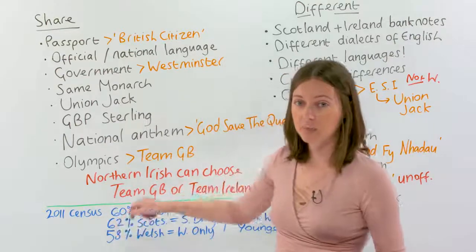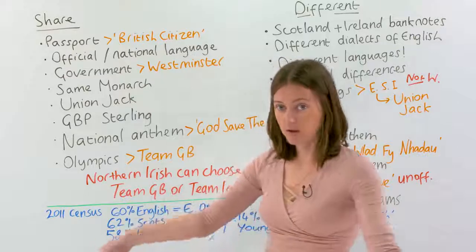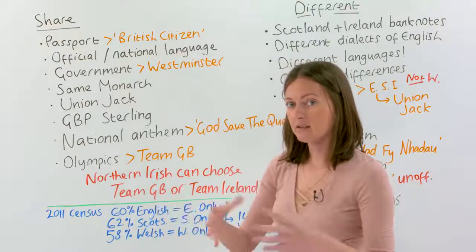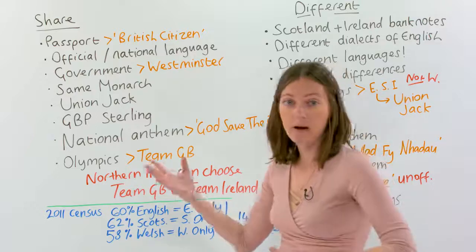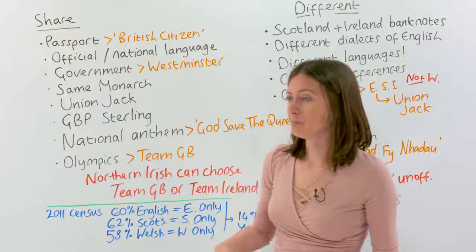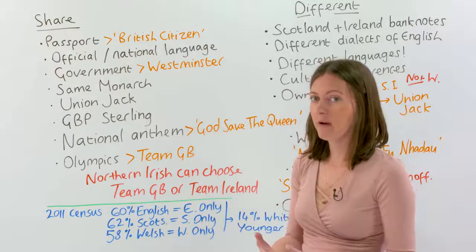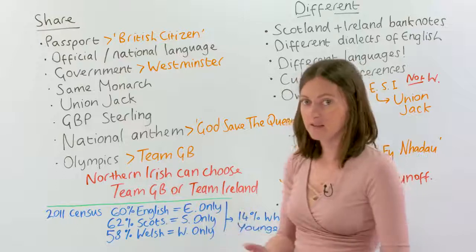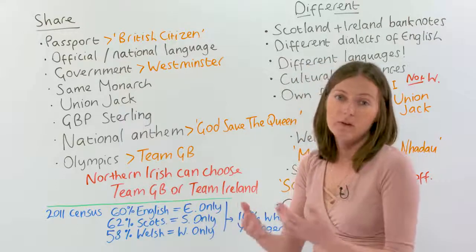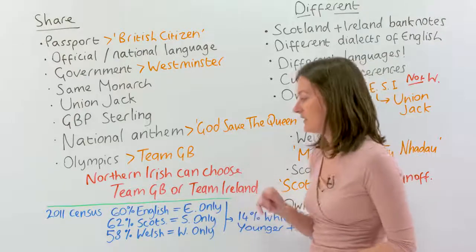This is something that happens every 10 years where the government asks people lots of questions and they collect information to see how are people changing, how do they live their lives differently. And some of the questions in the census ask people about their identity. So they will ask them, do you feel English or do you feel more British? So here are the statistics from that census.